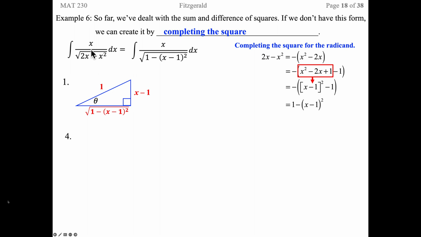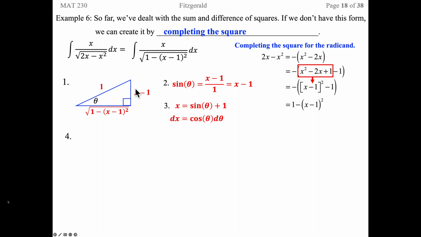So these two are optional to use. So building my trig function, the sine of theta is equal to x minus 1 over 1. Well, we don't need the 1 in the denominator. Sine of theta is equal to x minus 1. Step 3, we have to solve for x, so just add over the 1. So instead of saying sine of theta plus 1 equals x, I'm going to switch it around so I can now take the derivative of both sides. That will be dx, and the derivative of sine theta is cosine theta d theta.